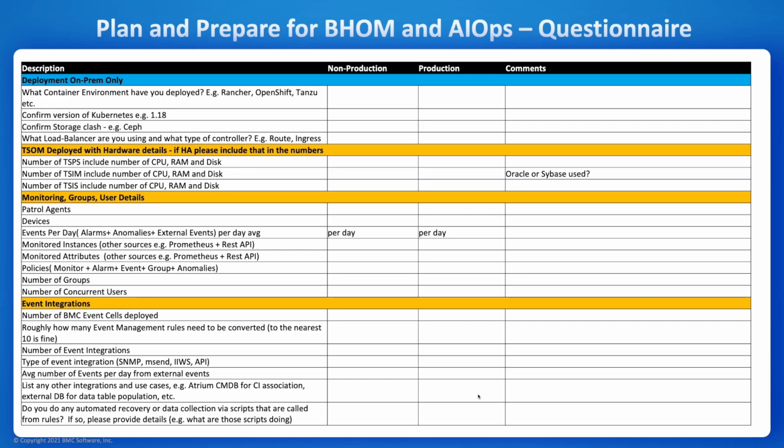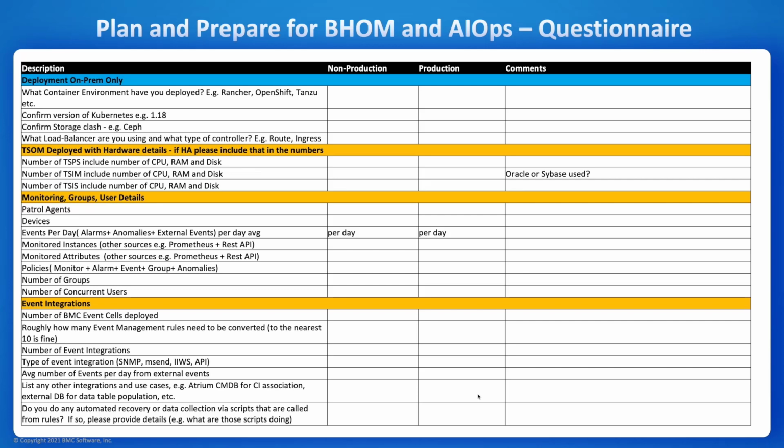The questionnaire will give us information about, for instance, the sizing of the environment, saying how much CPU do you use, how much RAM do you use, how many events do you get, how many devices do you have. Things like, what does your cell architecture look like? These are the things that we collect manually via the questionnaire, things that we can't collect through the health check tool, or which are add-ons to the health check tool.